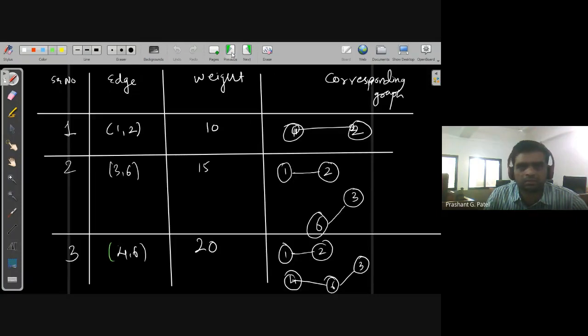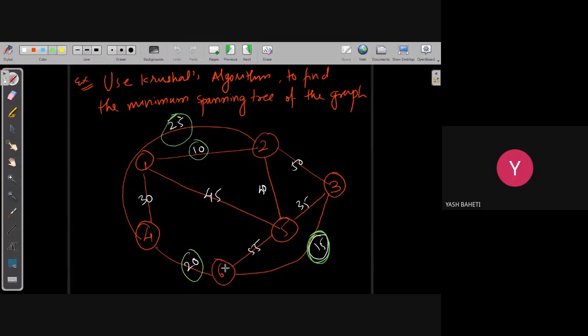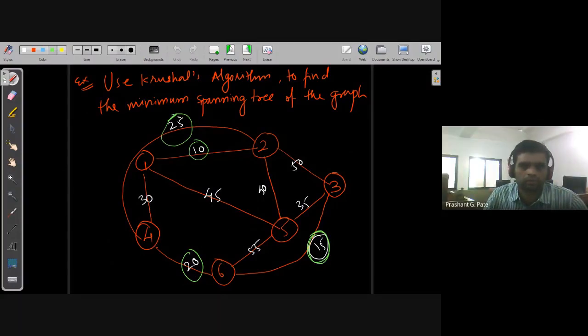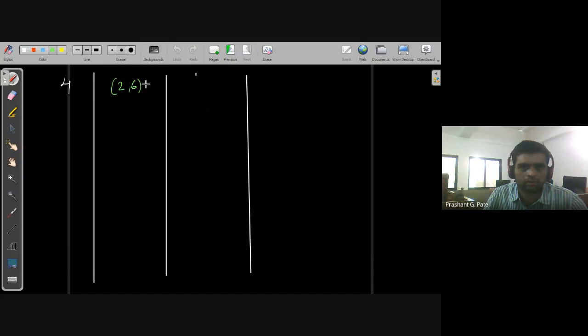The next one is the weight, edge is 2 to 4. The weight is 25. Okay, and what is the corresponding figure you have?